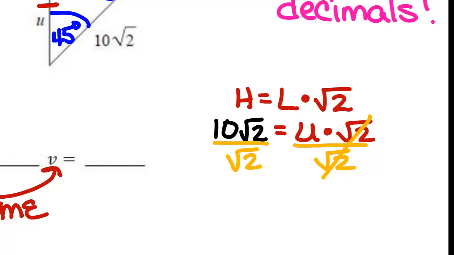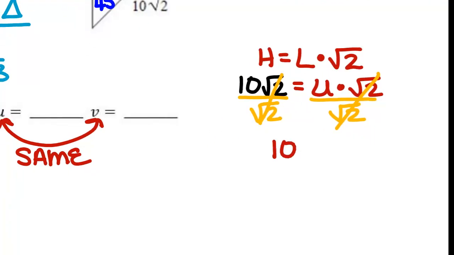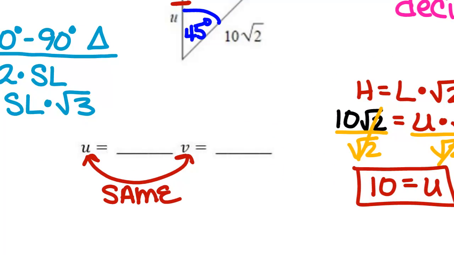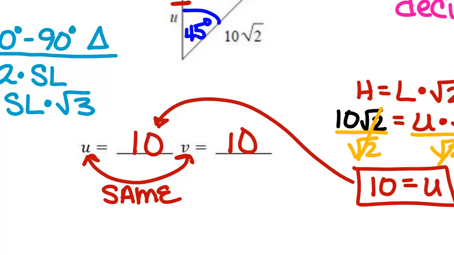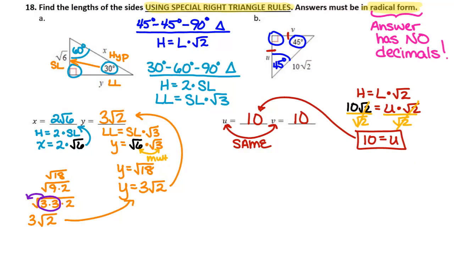On the left, I have a radical 2 in the numerator and a radical 2 in the denominator. Those are also going to cancel out. So I would have 10 equals U. So we have 10 for U and for V. Yes.